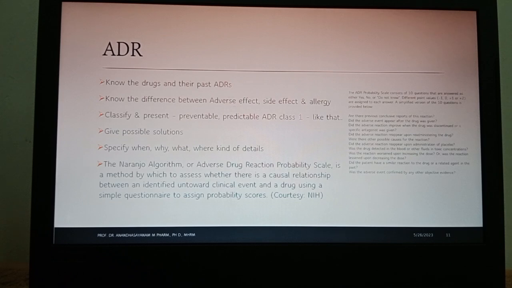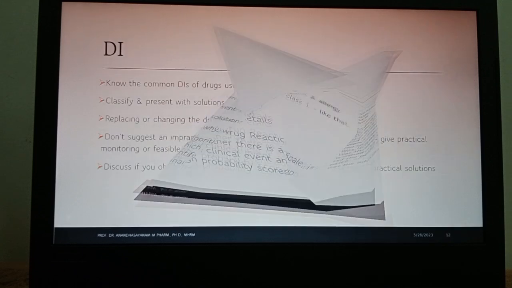By a method, you need to stick to something so that the causal relationship can be understood and an untoward clinical event can be avoided. Right, and you can assign probability scores to that, and give information to the clinicians and to the central body which monitors all these things, so that you can add value to the centralized knowledge that is available.